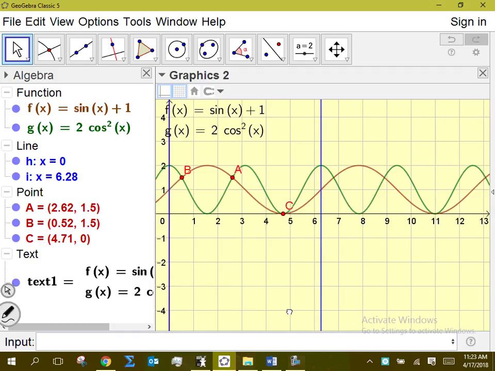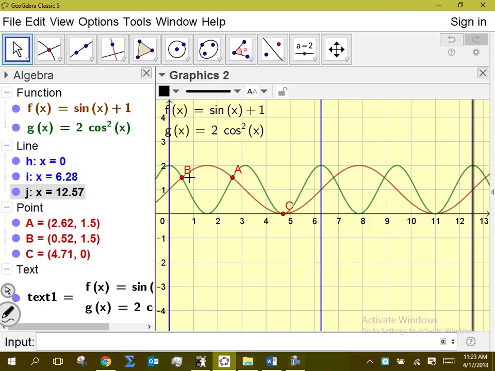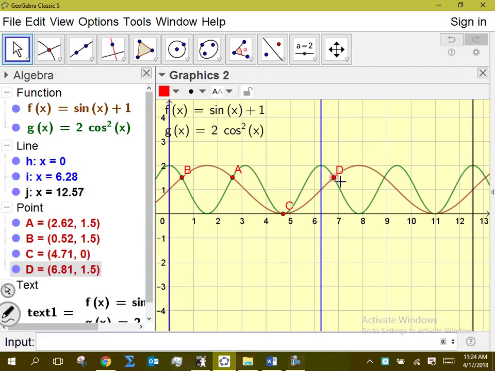Do those get mimicked if I look at 2 pi to 4 pi? If I take the x value of b and add to it 2 pi, but keep it on the same y value, on the same horizontal line, so that horizontal line is 1.5, does that provide that point D? So you see that B and D are replicated.